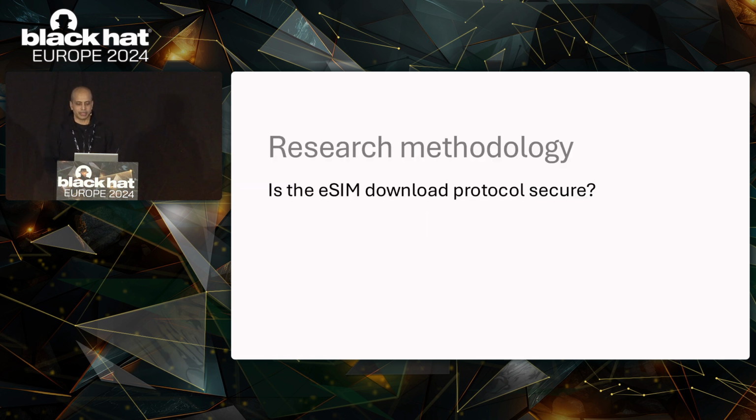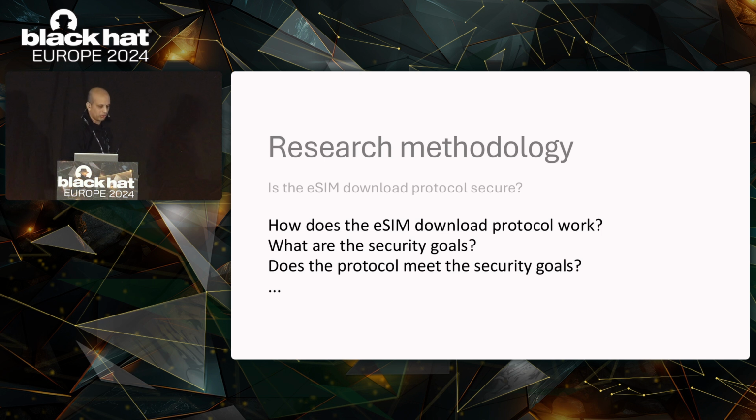So let's go on to our research methodology. In the beginning of the research, we started with the first question: is the eSIM download protocol secure? This divided into multiple questions. First, we need to understand how the protocol works.